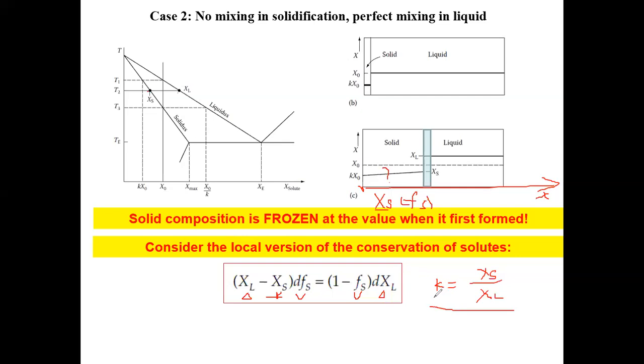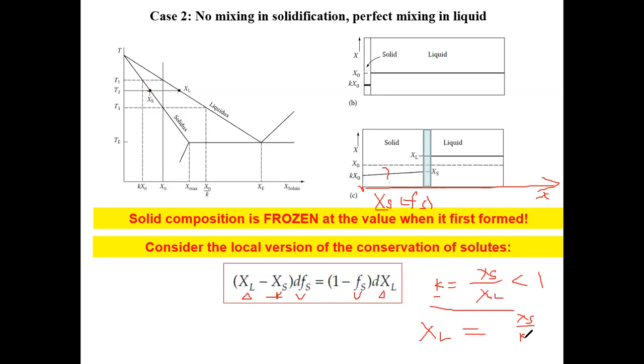And we know that K is a constant. It's constant at any temperature. If you have a reading of the composition of solid and a reading of the composition of liquid, you can easily compute K. It's a constant smaller than 1. With this, we can easily write the liquid composition as the solid composition divided by K. And this is true not only for one temperature, but for all temperatures.